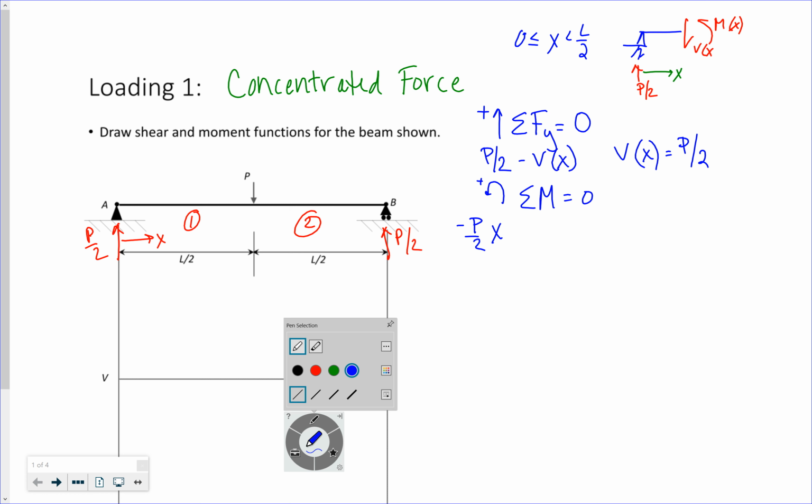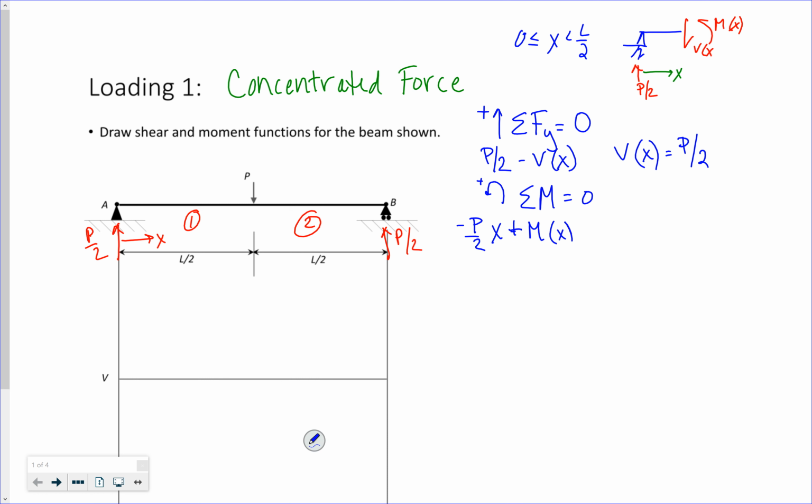It's acting clockwise, so it's negative, and then acting the other way, positive, M of x. So my moment function is equal to P over 2 times x. Right? And you'll notice, if I take the derivative of the moment function, I get the shear function.